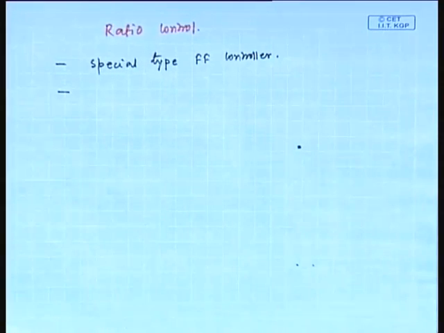Its objective is to maintain the ratio of two variables, therefore, the name.